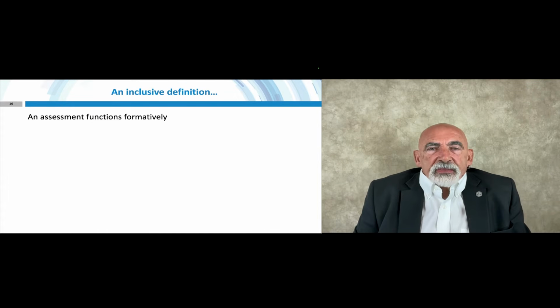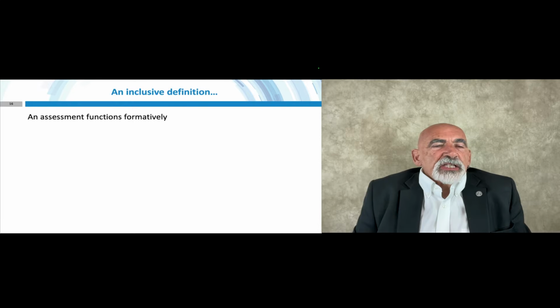Some people prefer the term assessment for learning, and as I said earlier, I think that's unhelpful, because I think that assessment for learning is a much broader idea than formative assessment. And so I want to just clarify exactly why assessment for learning is not the same as formative assessment. So I'm going to suggest an inclusive definition of formative assessment.